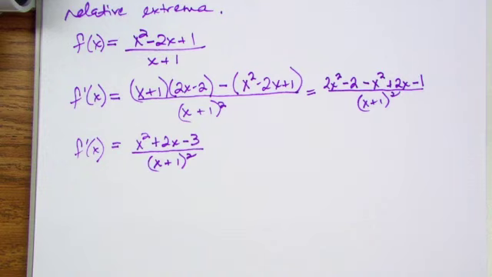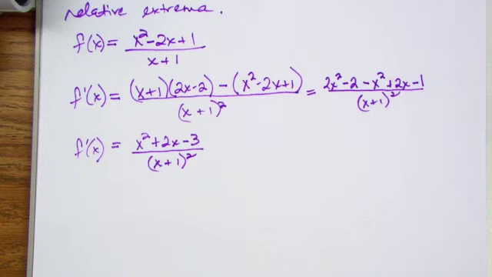I need to test values around them, right? Now, I heard somebody say plug those numbers into the derivative. If I plug those numbers into the derivative, what am I going to get? 0, right? I mean, that's what I just did. So I need to test values around these in my derivative.